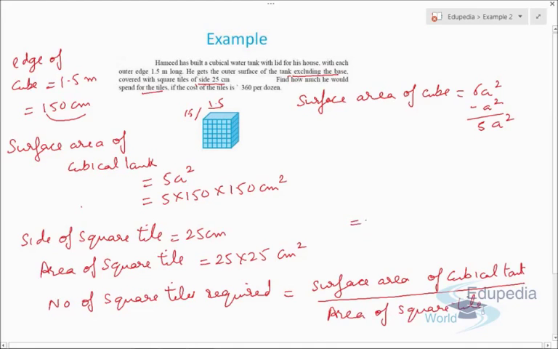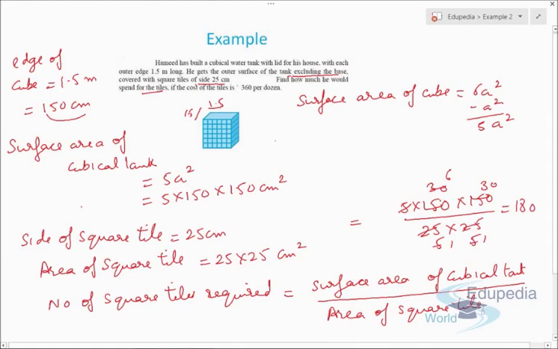So this will come out to be 5 into 150 times 150 divided by 25 times 25. So it will be 5 times 5 is 25, 5 times 6 is 30. So we have 180 tiles.